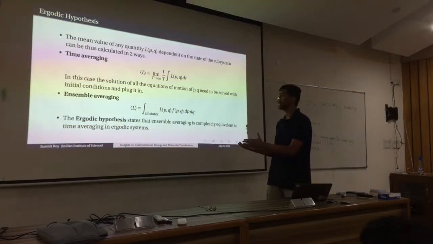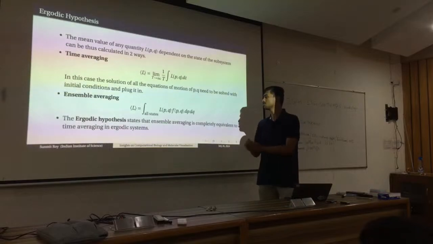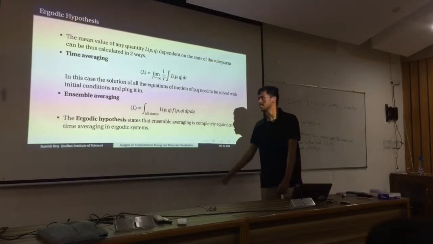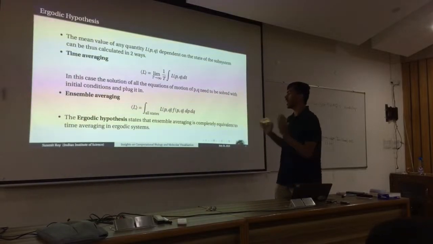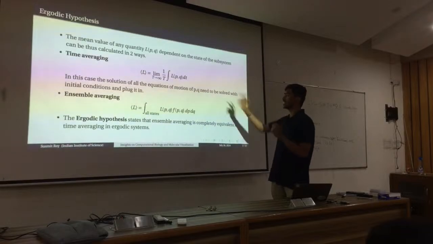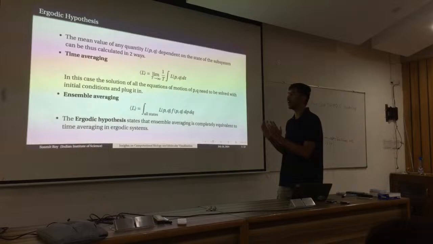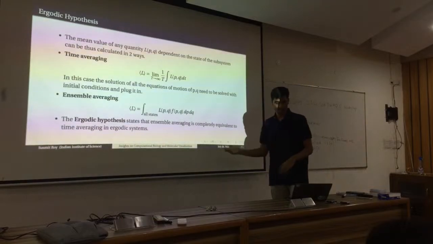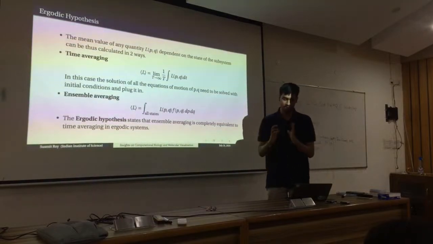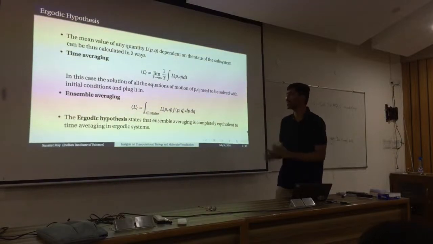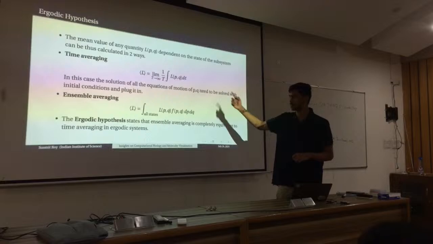And you can also do ensemble averaging. Here you multiply it with the distribution function and just do averaging. The ergodic hypothesis says that these two kinds of averaging are equivalent when you have an ergodic system. Most of the time in molecular simulations, you assume that your system is ergodic and that this is valid.